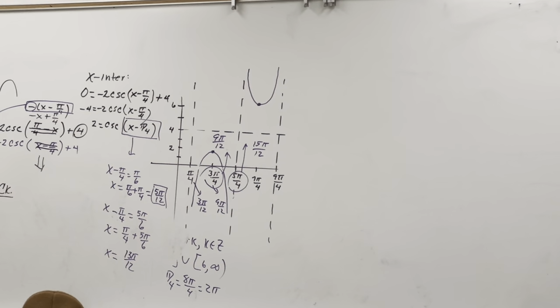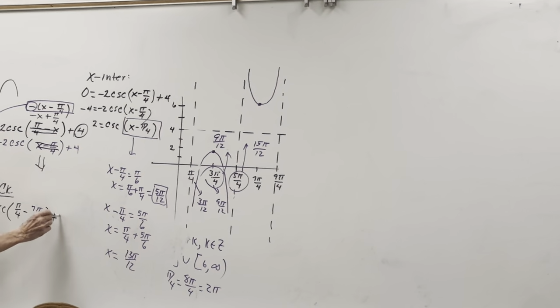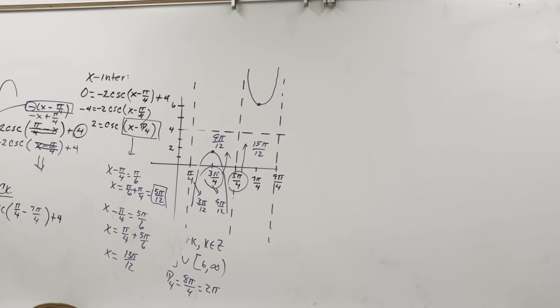Here goes, guys. Back in the original, I think this was 2 cosecant of, in the original, pi over 4 subtract, I'm trying 7 pi over 4, randomly just put in there. Close that up. Plus 4, I hope that's copied down correctly.